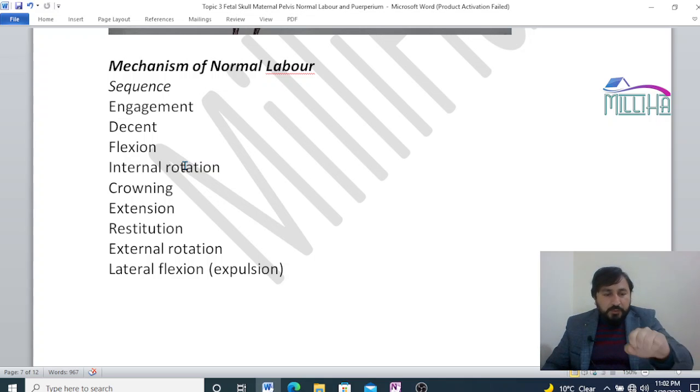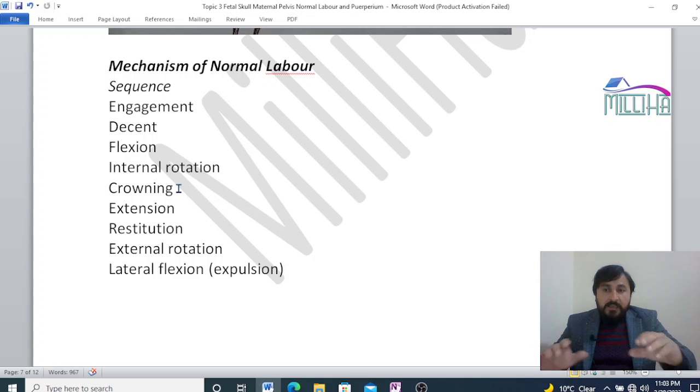At this time, the face might turn towards the back, towards the sacrum. That's called internal rotation. After that, it comes out under the symphysis pubis and is a little visible from the outside.